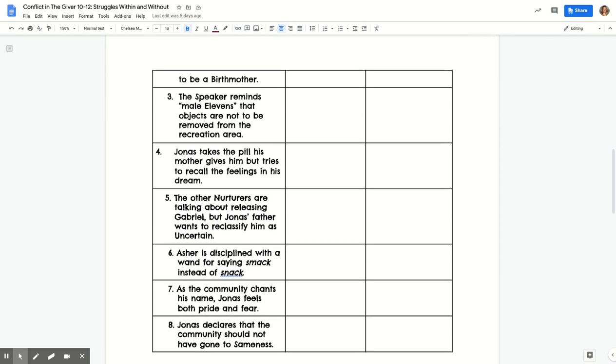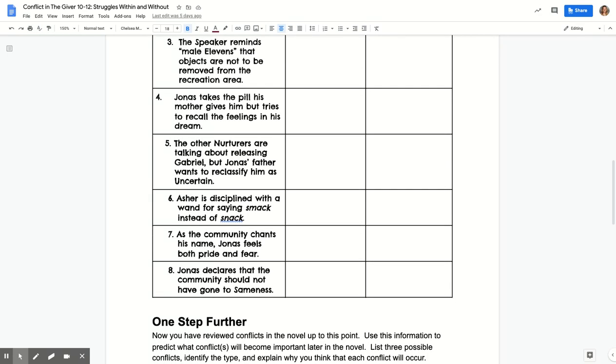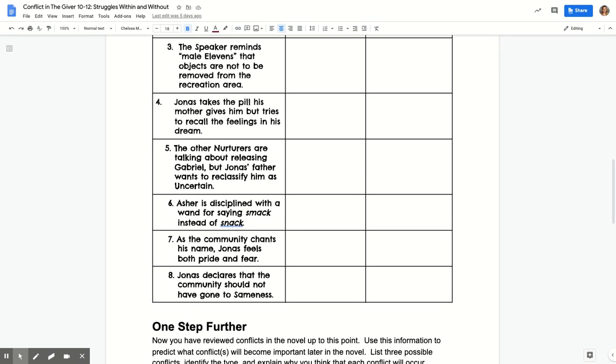Number 3: the speaker reminds male 11s that objects are not to be removed from the recreation area. So go ahead and type your people or forces in conflict and then what type of conflict it would be.